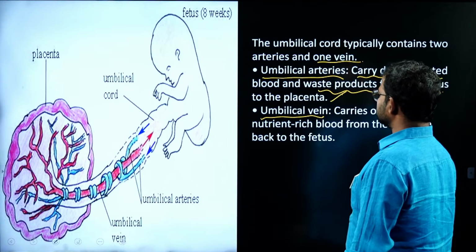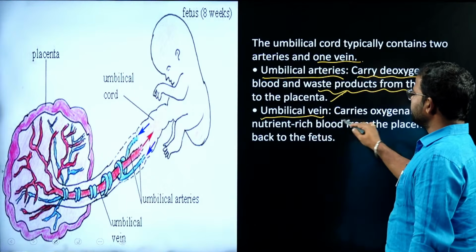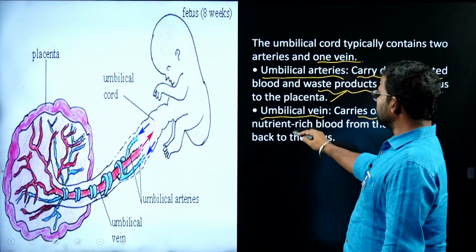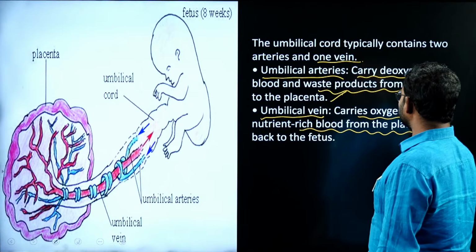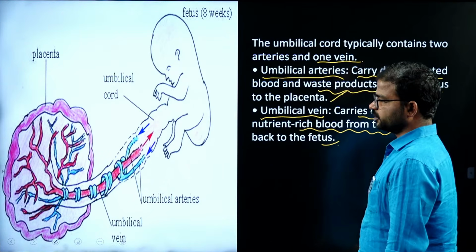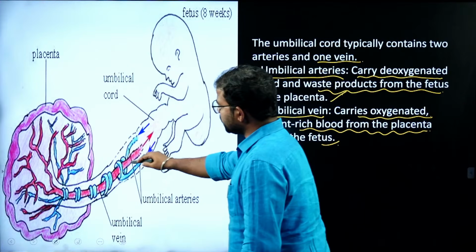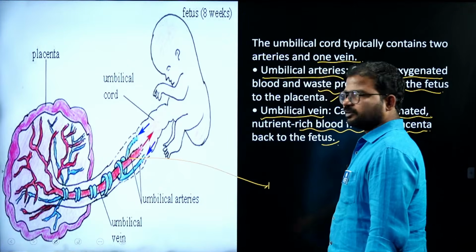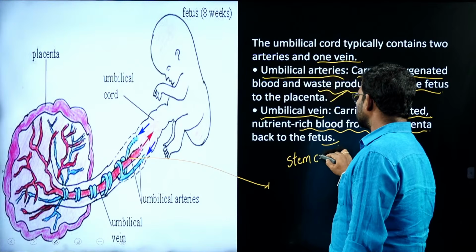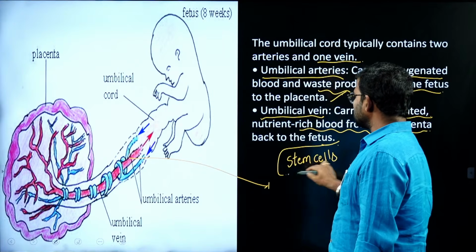Next, what about the umbilical vein? It carries oxygenated, nutrient-rich blood from the placenta back to the fetus. In this umbilical cord, guys, we have stem cells, which are mostly present across the world.